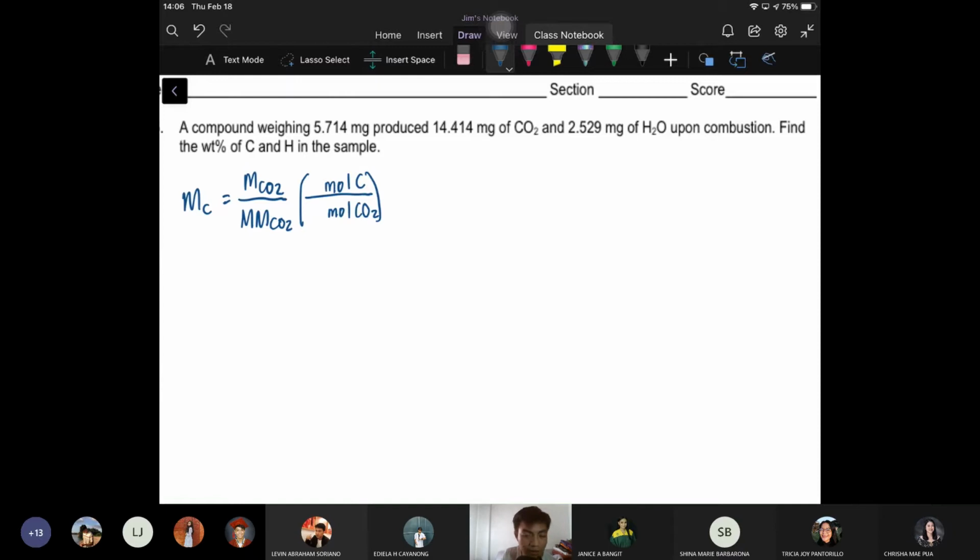For every mole of carbon dioxide, how many moles of carbon will be produced? Others can answer, you can use the mic, or type in our chat box. For every mole of carbon dioxide, how many moles of carbon will be produced?